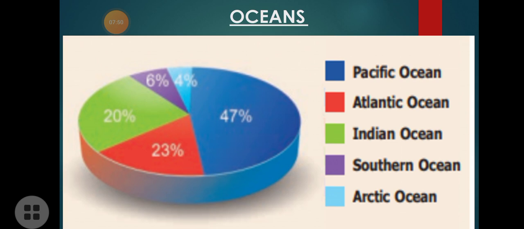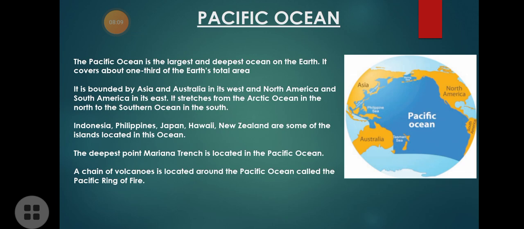Indian Ocean is a little bit smaller than the Atlantic Ocean. The fourth ocean is Southern Ocean. It is only around 6 percent of the total oceans of the world. And finally, the smallest ocean is the Arctic Ocean. It occupies only 4 percent of the water.